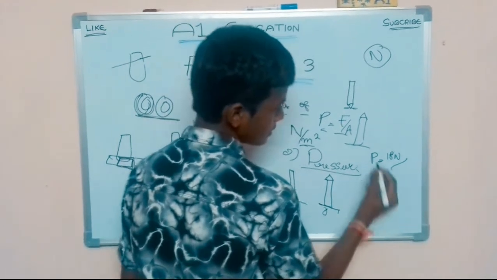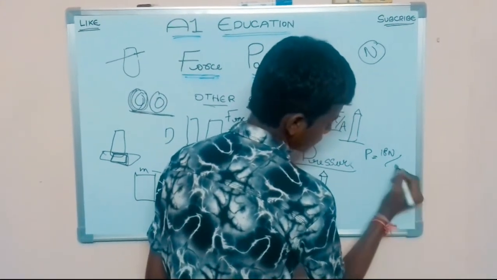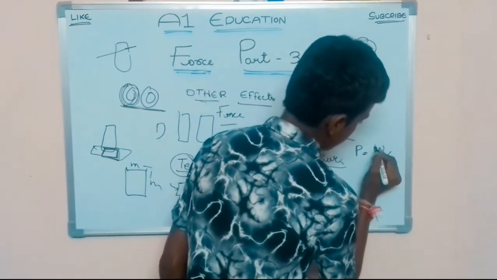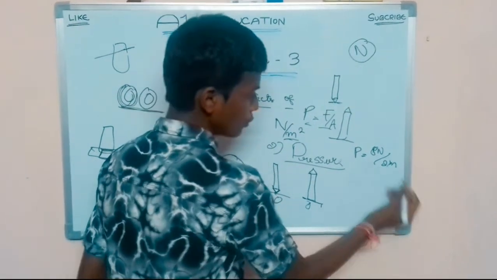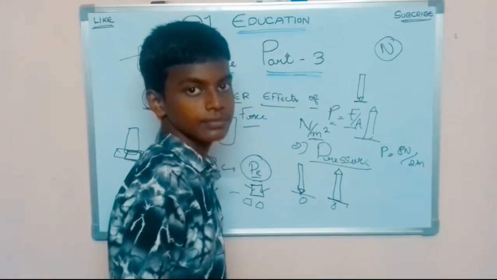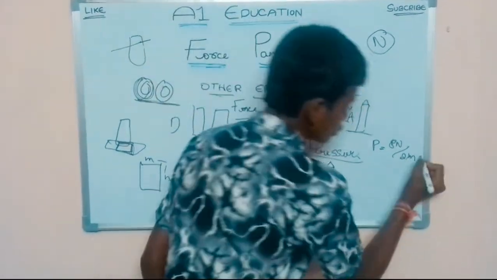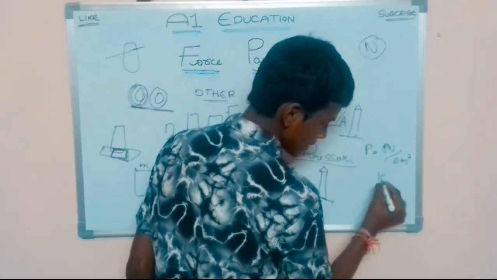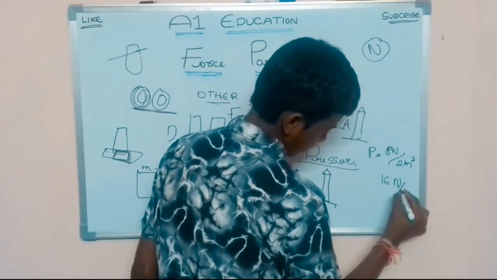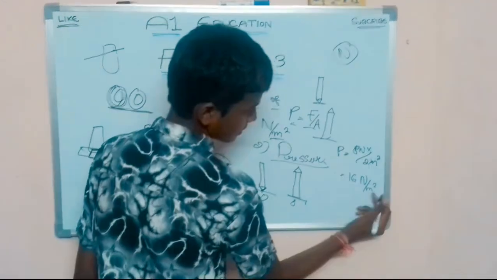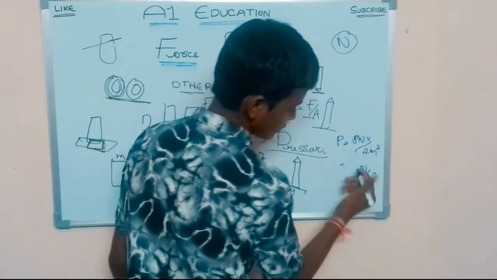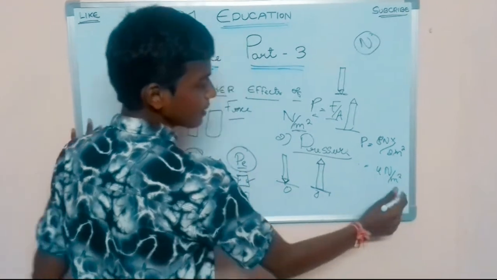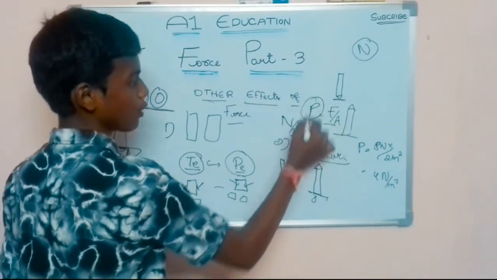Think it is 8 newtons and the area is 2 meters square. 8 by 2 is 4. So 4 Newton per meter square. This is the pressure formula.